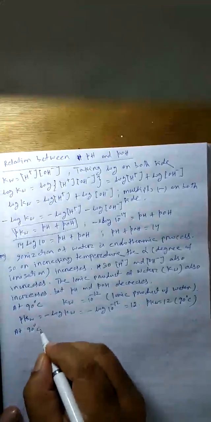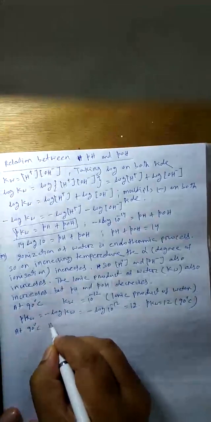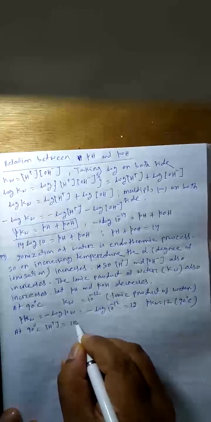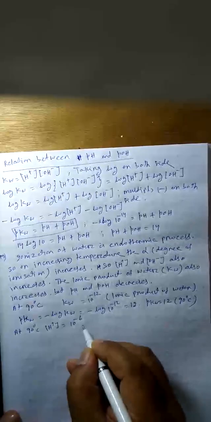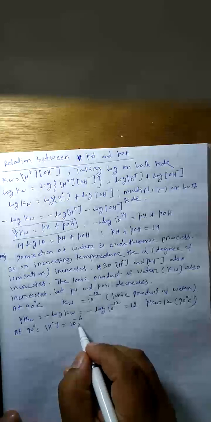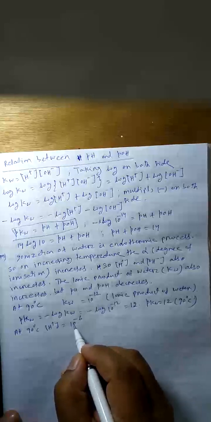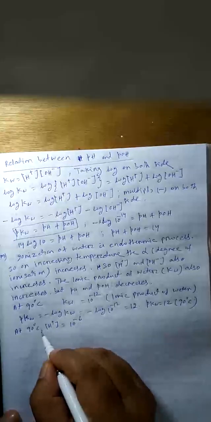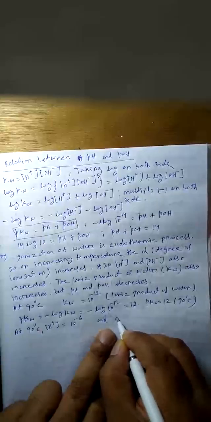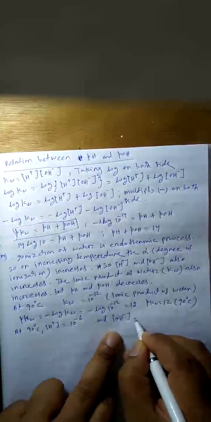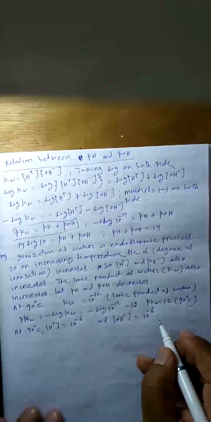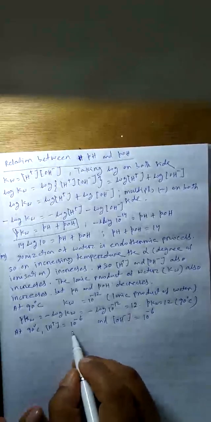At 90 degree centigrade H plus concentration is equal to 10 to the power minus 6, it increases. At 25 degree centigrade it is 10 to the power minus 7. At 90 degree centigrade OH minus concentration is also 10 to the power minus 6, but at 25 degree centigrade 10 to the power minus 7.